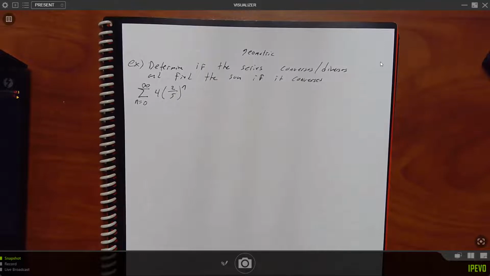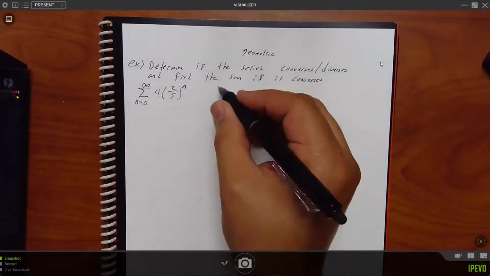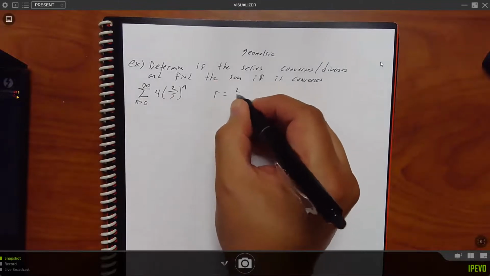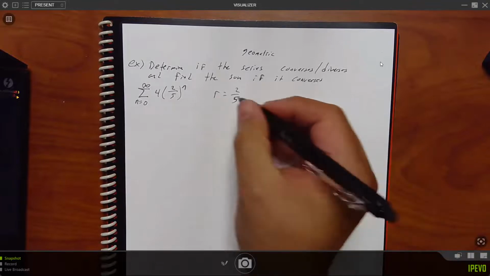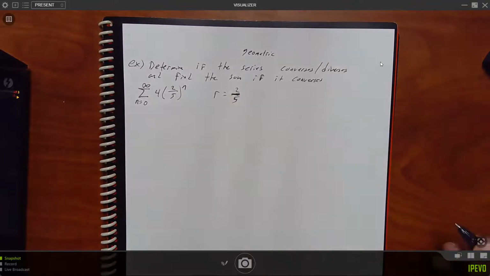So what is the R? Can you tell? R is 2/5. You agree that that is less than 1?